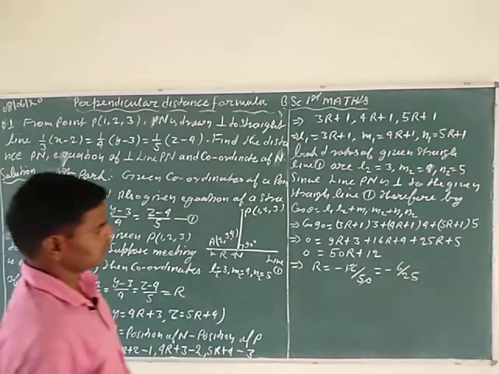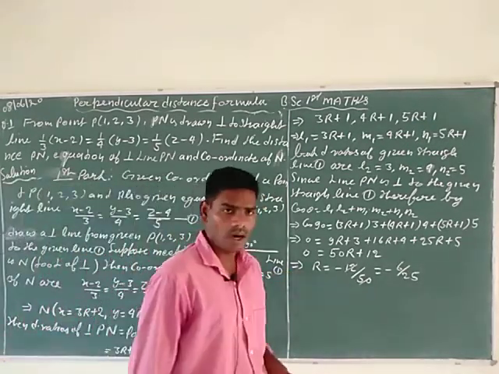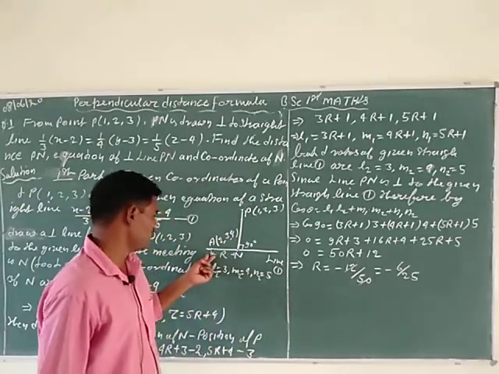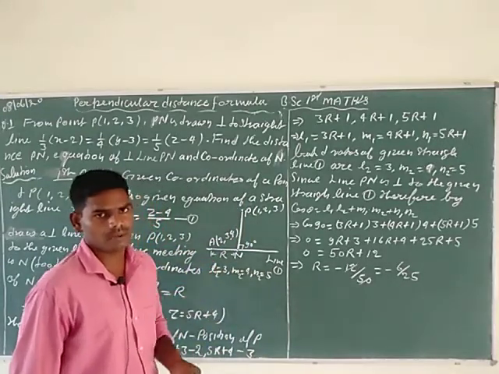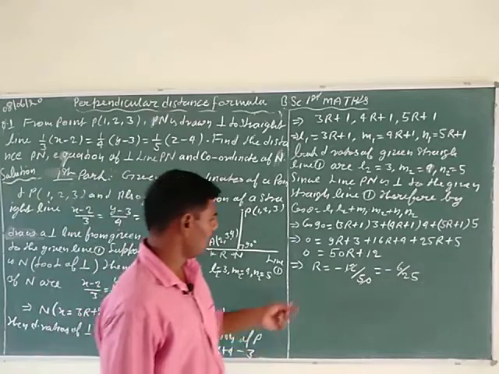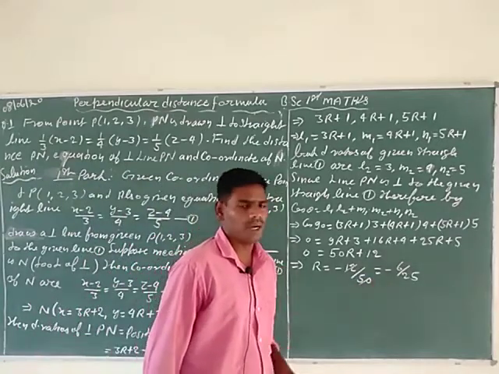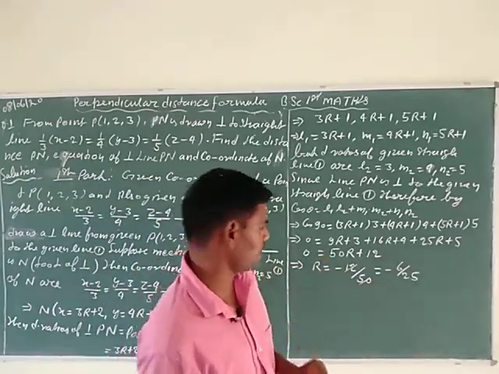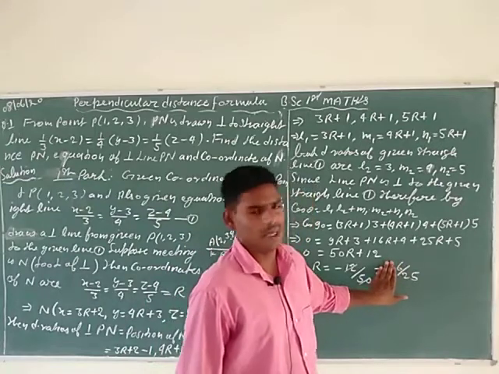From the calculation it's clear that the value R means the distance between the given point A and the foot of the perpendicular N, R is minus 6 by 25. Here it is a distance, so numerically we take only 6 by 25.